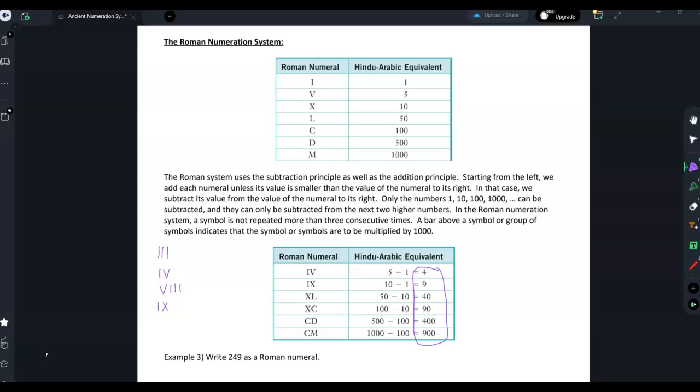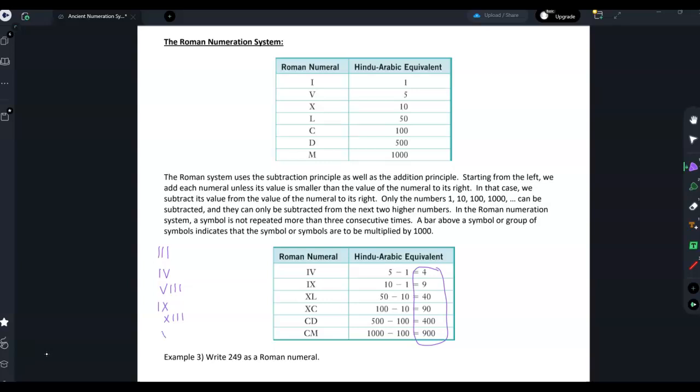And then you keep going from there. 10 would be X, 11 would be XI, 12 would be XII, 13 is XIII. For 14, again, I can't have 4 of the same symbol in a row, so we would think of that as 10 plus 4.